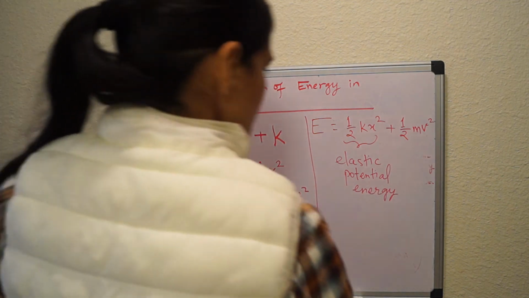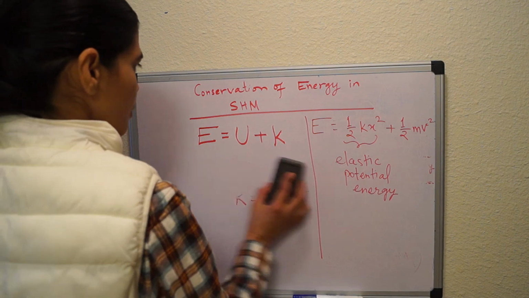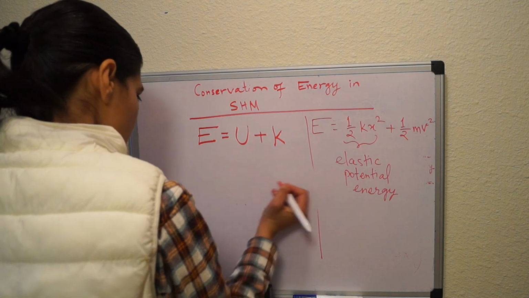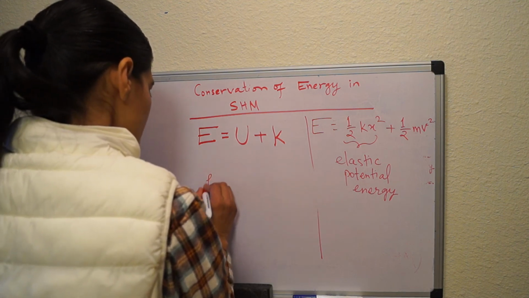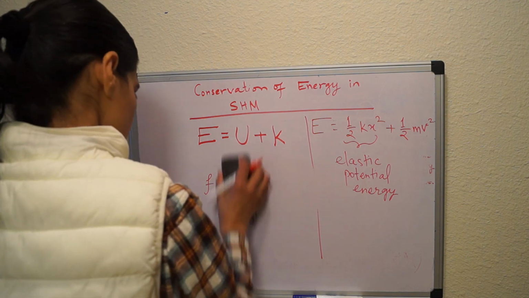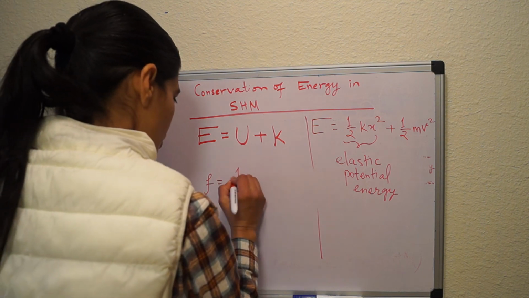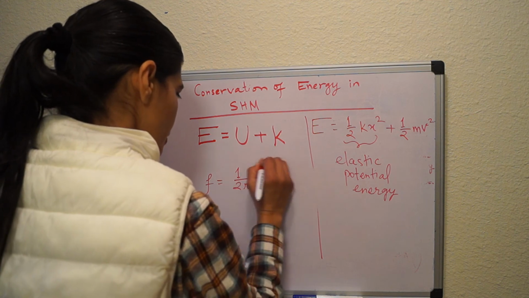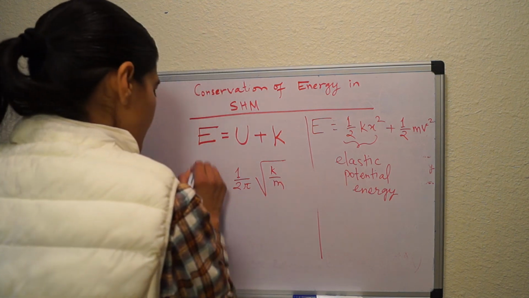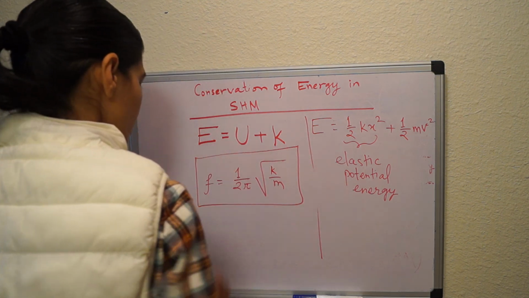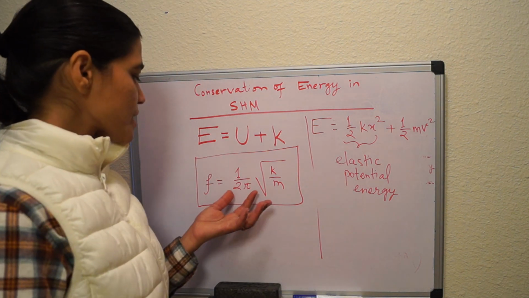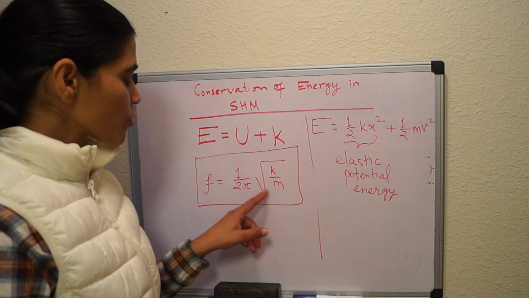Okay, I want to write one more thing. For a spring mass system, we can write the frequency as f equal to 1 over 2 pi square root of k by m.